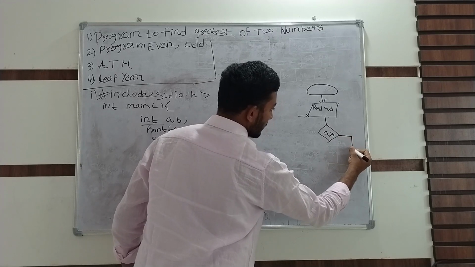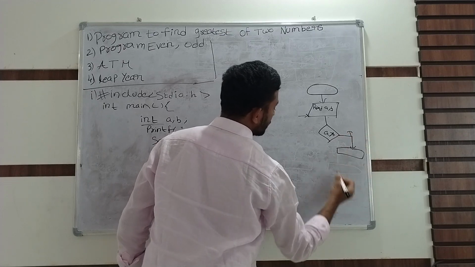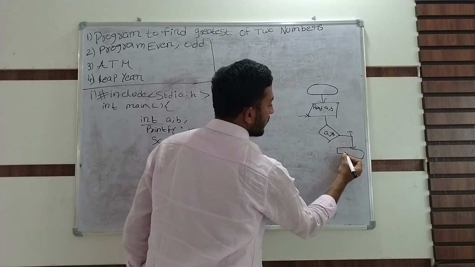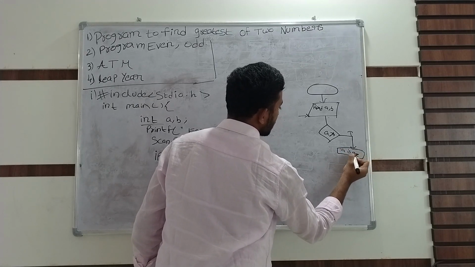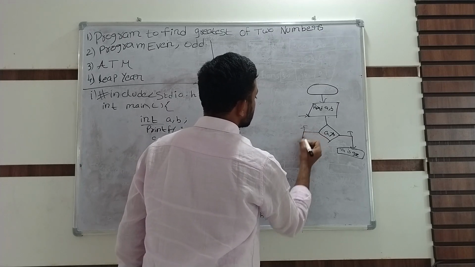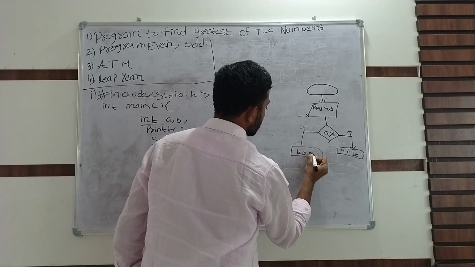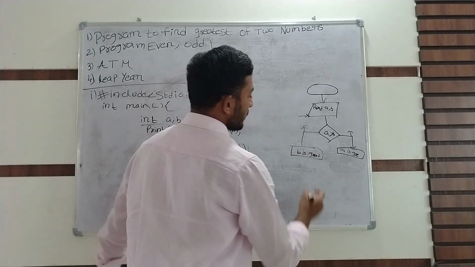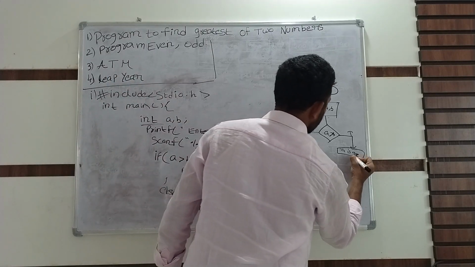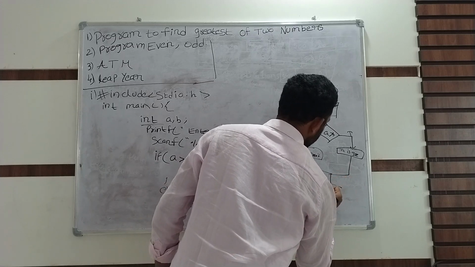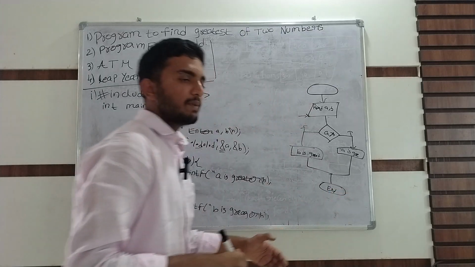If it is true, then this block is executed: a is greater. Otherwise, if it becomes false, then the block b is greater will be executed. After the completion of this block of code, it will return 0. End. Like that, the program will be executed.